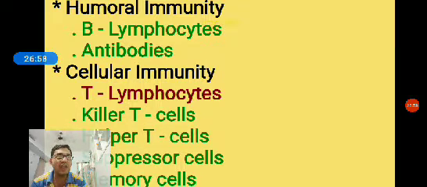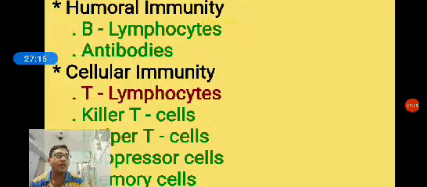The different types of T lymphocytes perform different functions. The major types are killer T cells, helper T cells, suppressor T cells, and memory T cells.